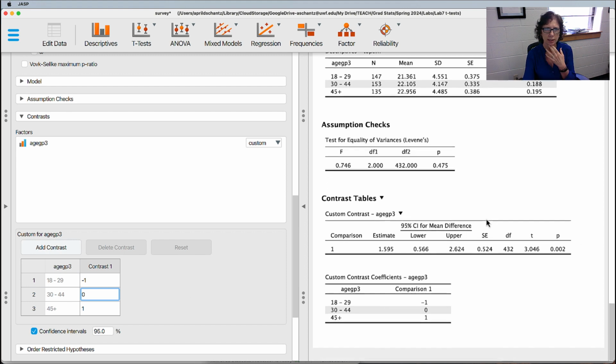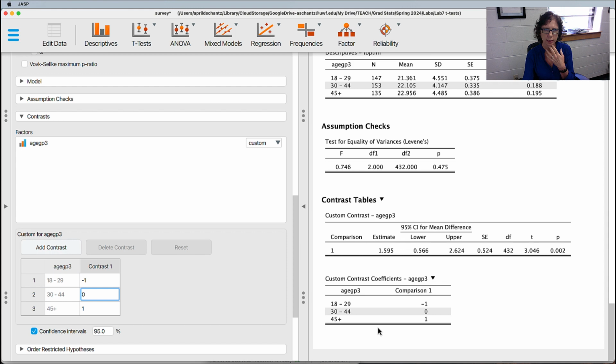So now let's see what we have in the contrast tables here. The estimate is 1.60 if I round. So the average difference between the oldest and the youngest was 1.60. And was this difference significant? Yes, it was at 0.002.